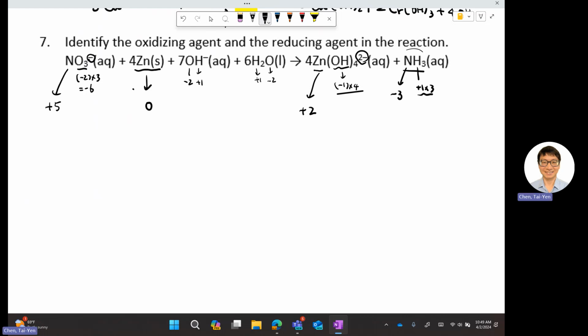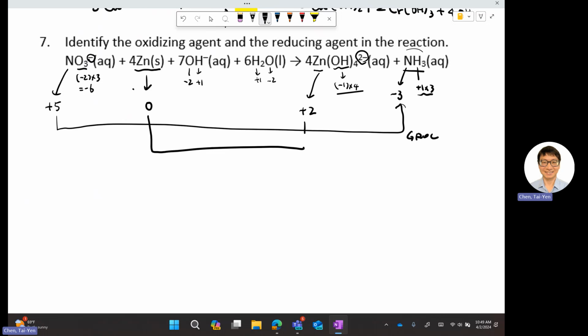Okay, so once you do this, you can realize that the oxidation number of your nitrogen goes from +5 to -3, right? So this is your GER. And for your zinc, you go from 0 to +2. That's your LEO.